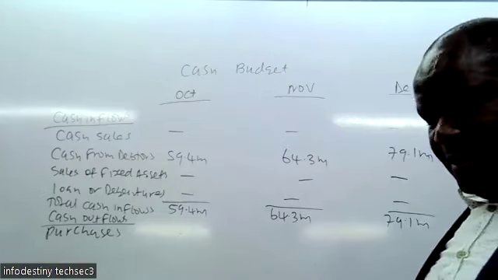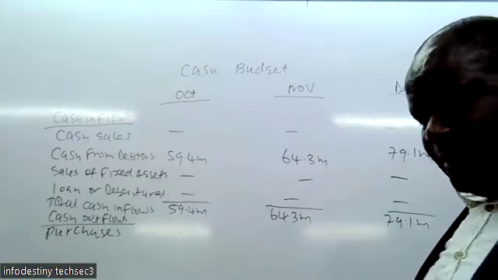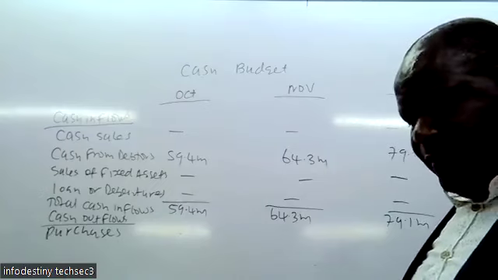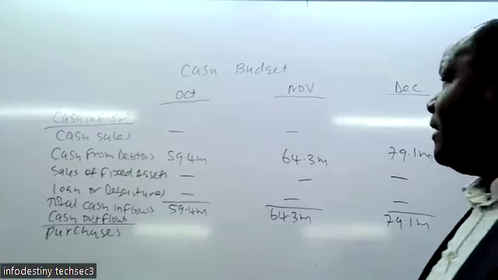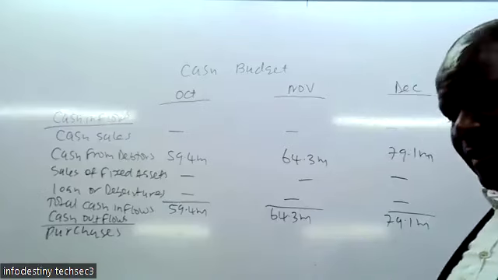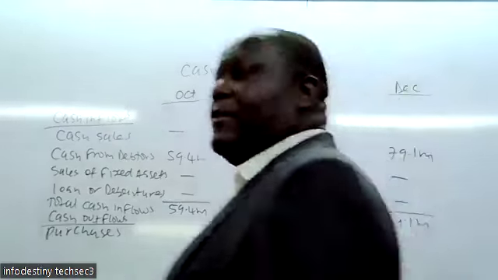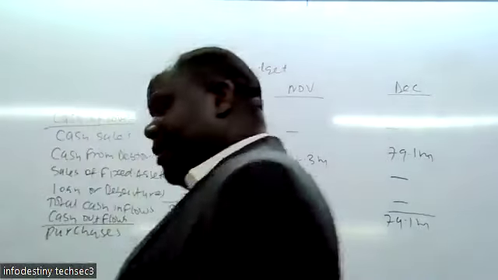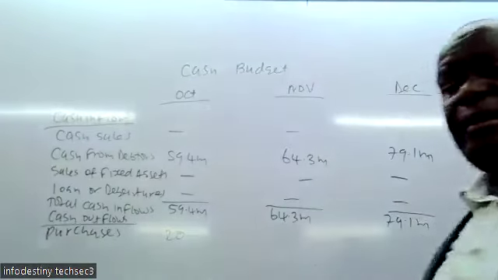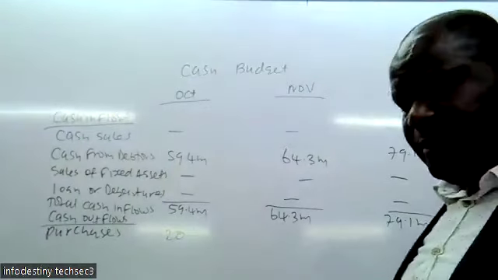Under that, the farm plans to pay its creditors in full in the month following that of purchases. That means the one for September is what we shall pay in October. So this one will be 20.